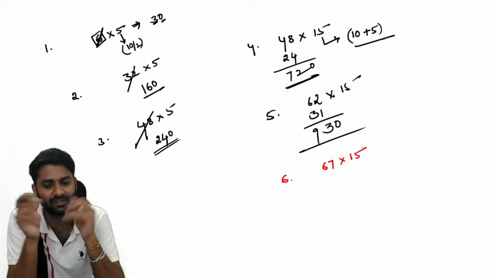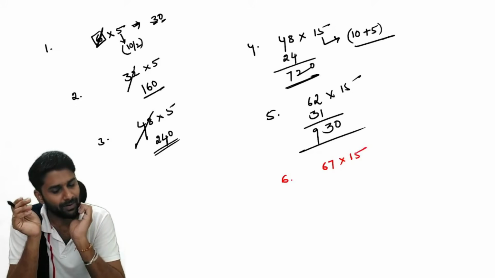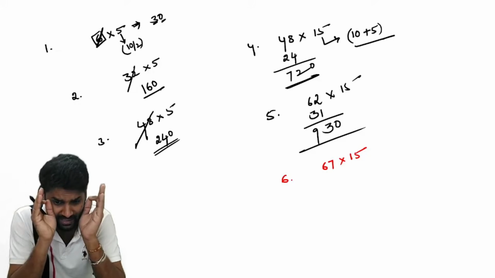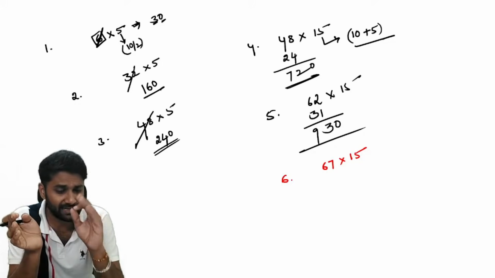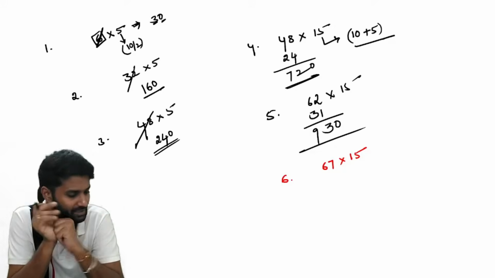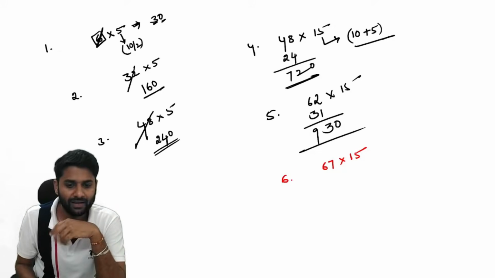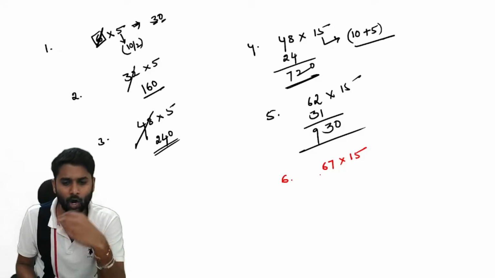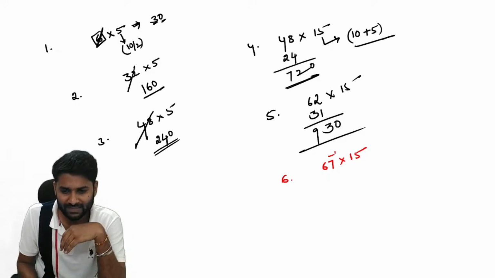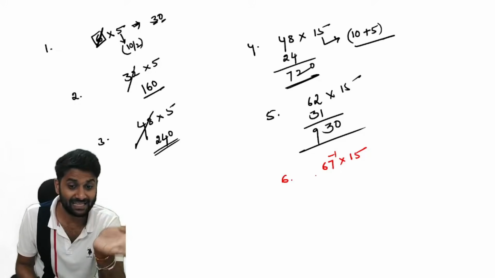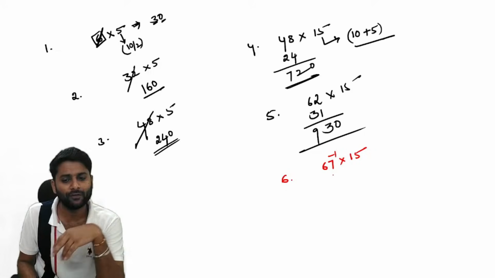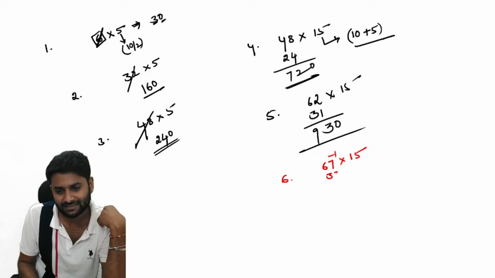And remember this point: if any odd number is multiplied with a 5, then the resultant units place must be 5. Remember that point, that's enough. And whenever you multiply any odd number with a 15, subtract one from the value: 67 minus 1 is 66. Then you have to make it half. So half of 66 is 33.